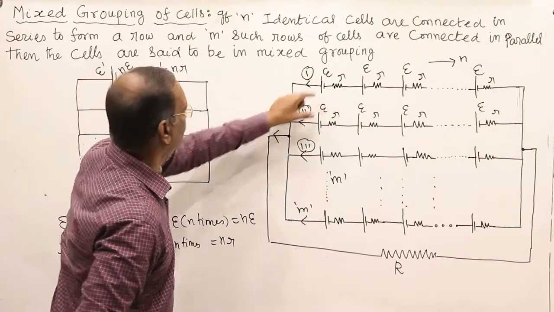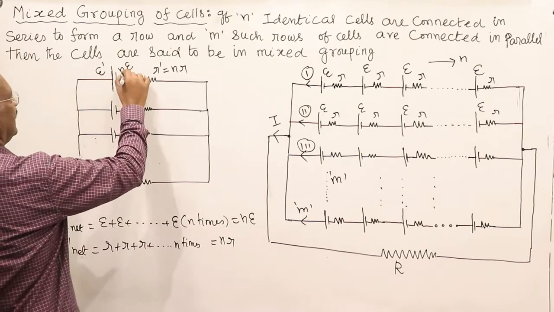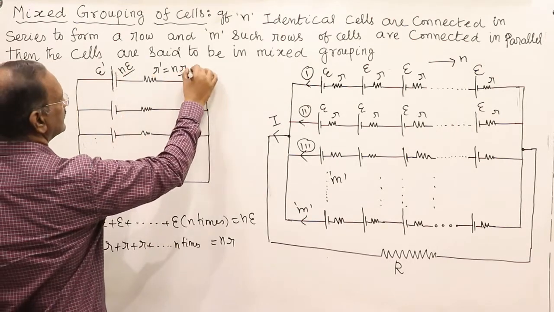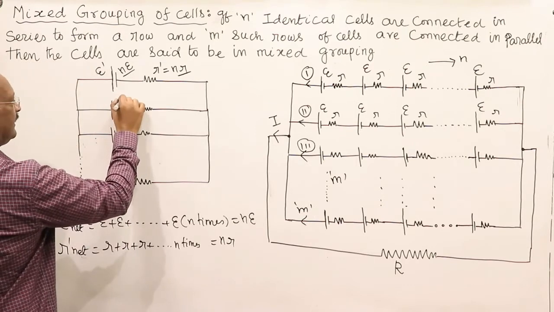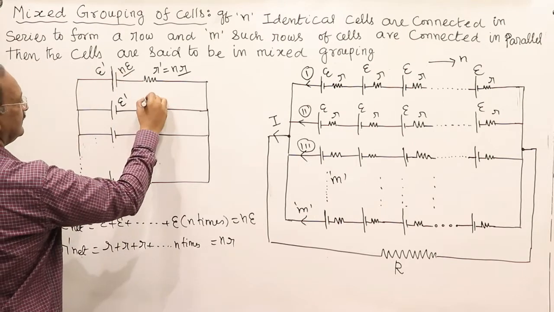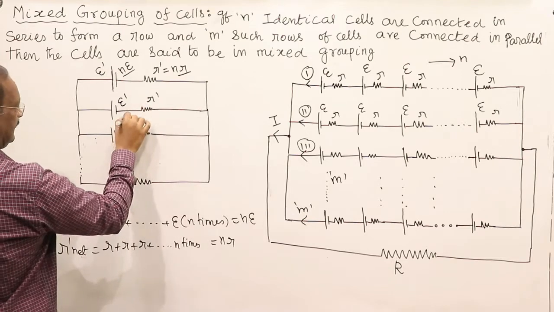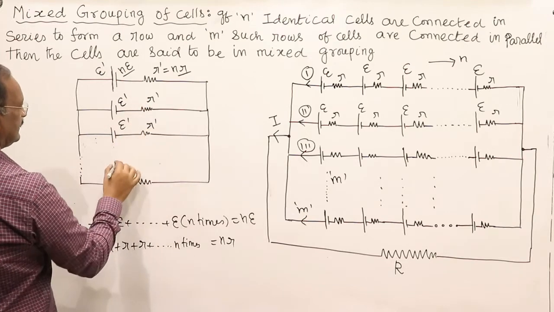The first row has net EMF nE and equivalent resistance nr, and the others are also the same: E dash equal to nE, r dash equal to nr.